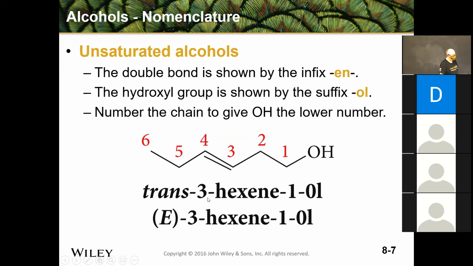So 3-hexene, this indicates the position of the double bond. And then this time we put the alcohol location right before the suffix. So 3-hexen-1-ol. This is the location of the alcohol. Okay, and then the geometry is E or trans.